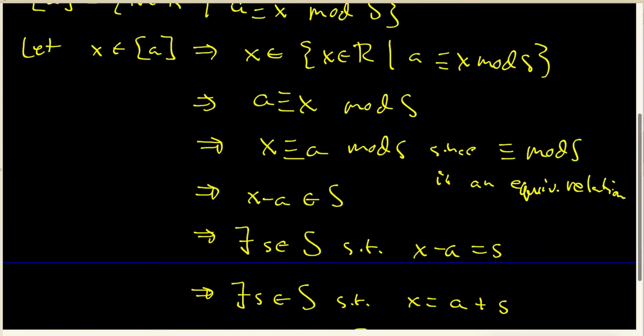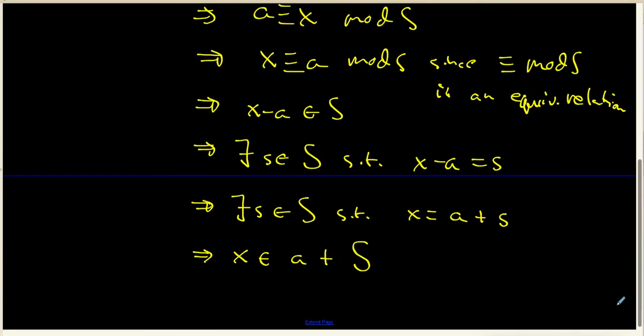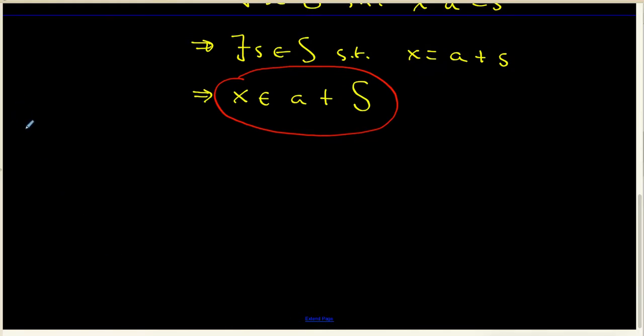We've shown that if we start with an arbitrary element of the equivalence class of A, it winds up being in the coset A plus S. In other words, the equivalence class for A is a subset of the left coset A plus S.